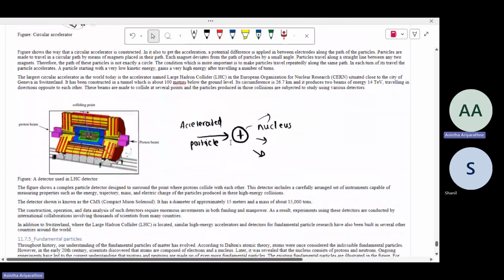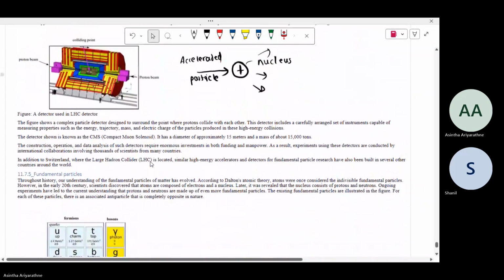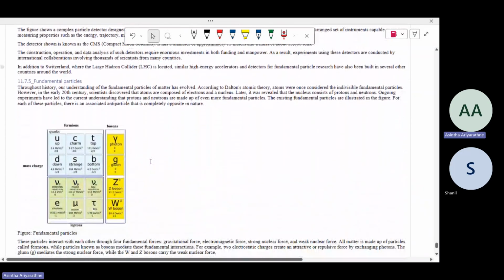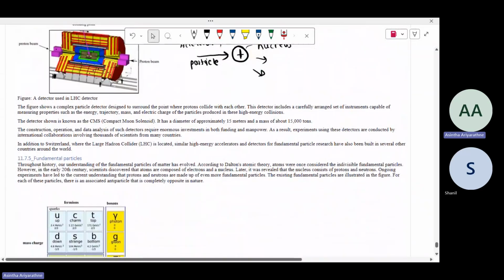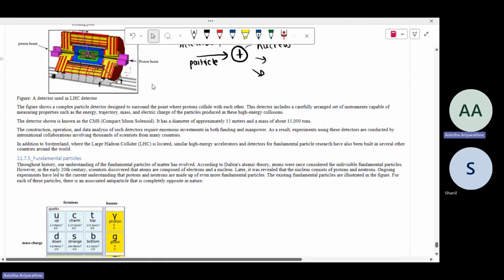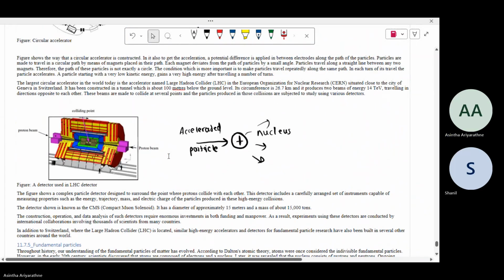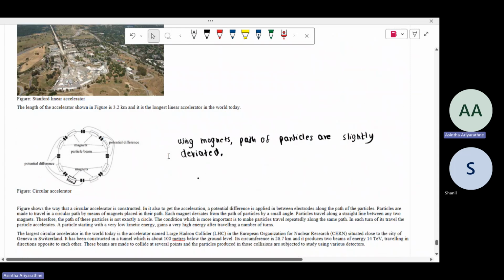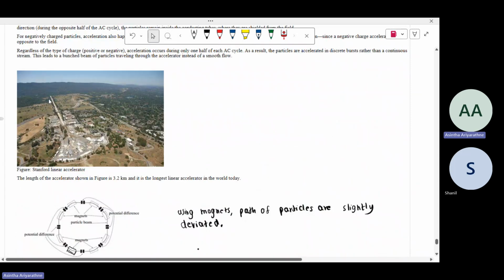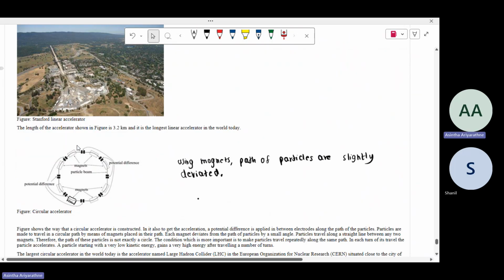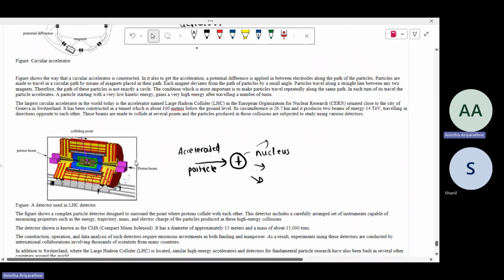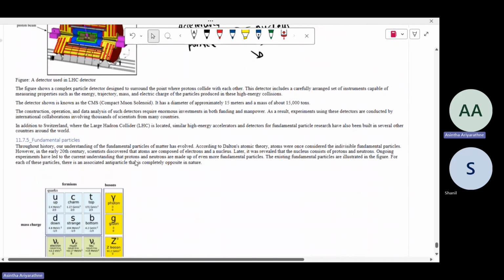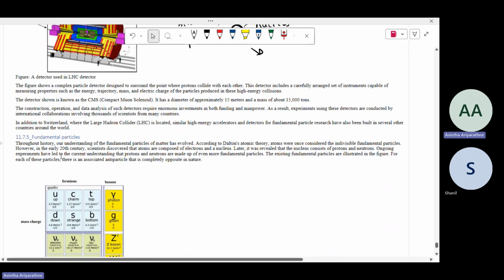So this is a detector. After doing this experiment, you can see this is a very huge, very lengthy accelerator, scientists found more fundamental particles.